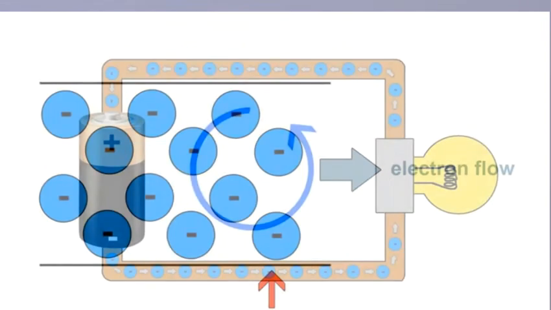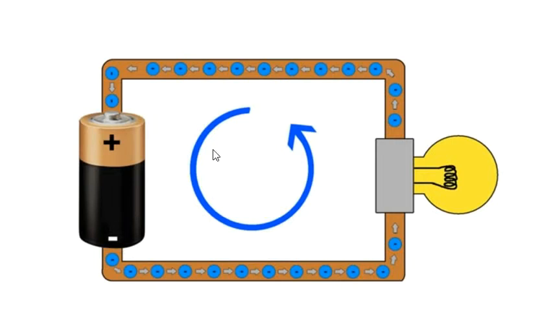Okay, so for example, when you have a circuit, you got a battery, you have a load device, for example a lamp. What you have are the electrons leaving the negative terminal of the battery, going through the lamp and getting to the positive. Okay, this is the reality.